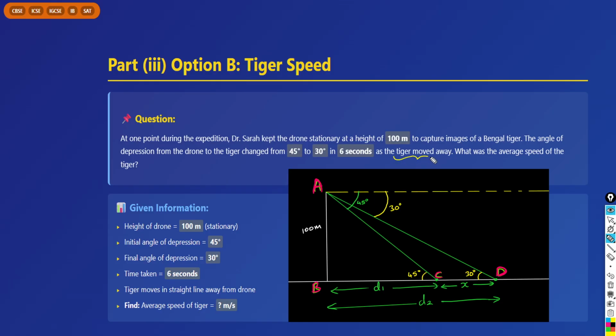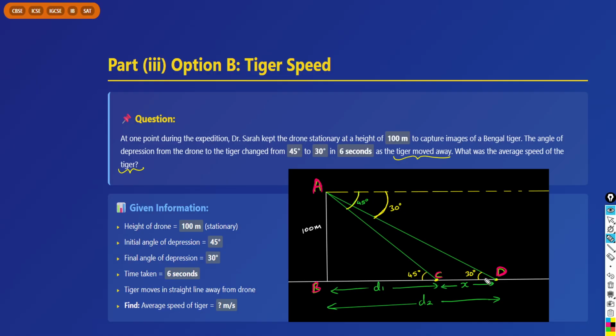As the tiger moved away, what was the average speed of the tiger? Now they are asking, what's the average speed of the tiger? The tiger covered a distance x. When it covered a distance x, it moved from point C to D. When it moved from point C to D, the angle of depression changed from 45 to 30.